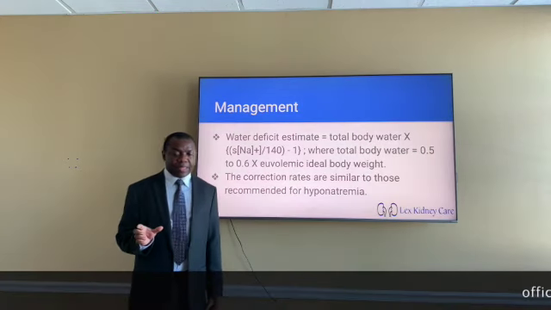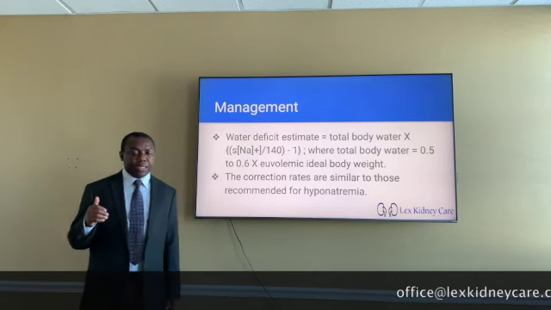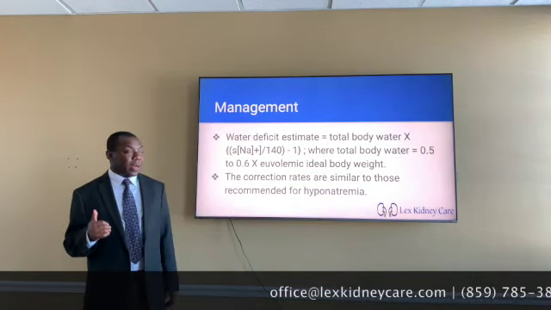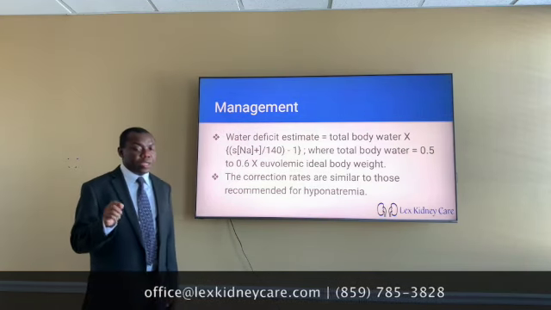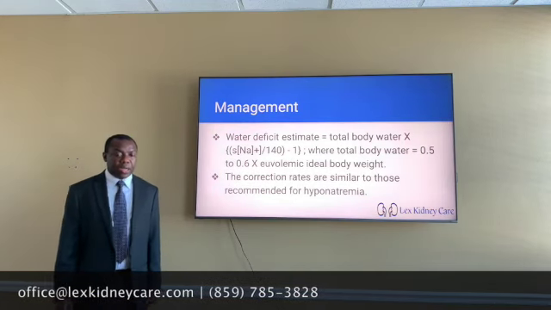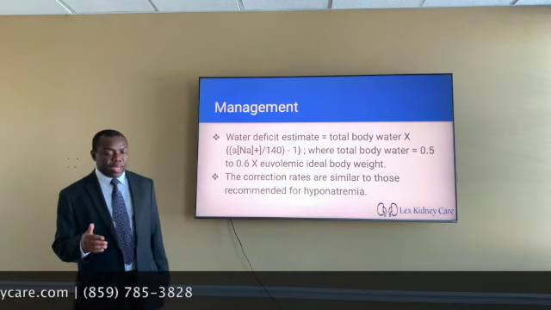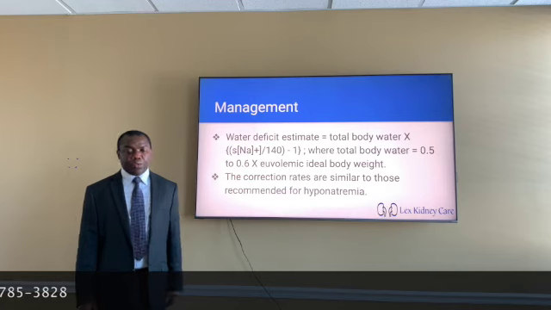So once you get your total body water, you get the patient's sodium, you divide that by 140, which is the assumed normal value, minus 1, multiplied by that, and that will give you your free water deficit. And then based on that, you know how to replete the free water.